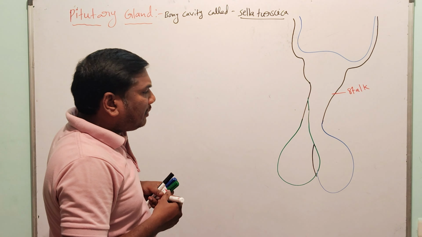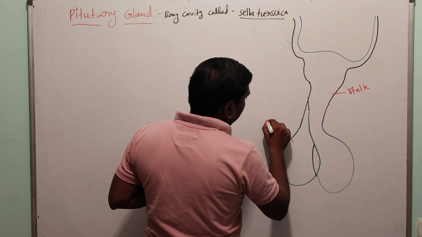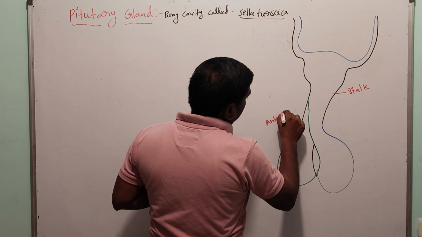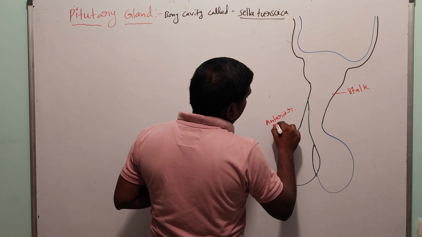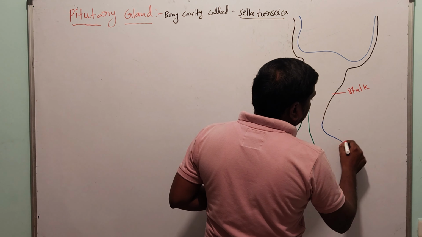Next one, the pituitary gland contains majorly two lobes. One is the anterior pituitary. Second one is the posterior pituitary.